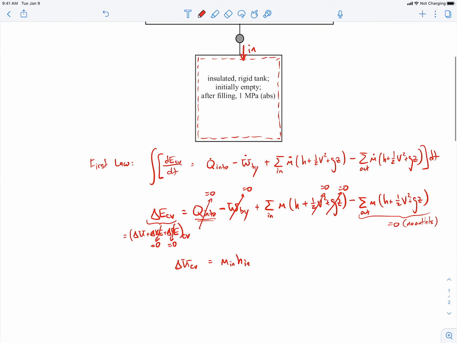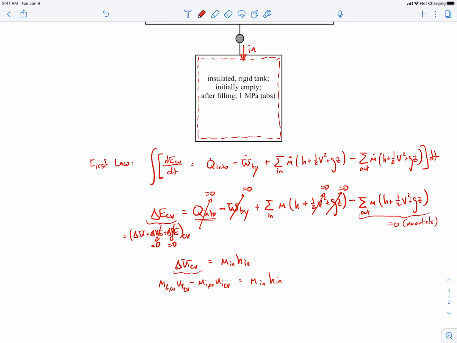Okay, let me go ahead and expand out the internal energy. The internal energy in the control volume will be the final mass in the control volume times the final specific internal energy, minus the initial mass in the control volume times the specific internal energy within the control volume initially.